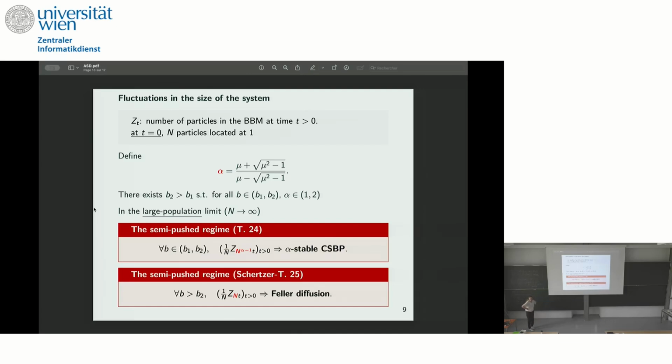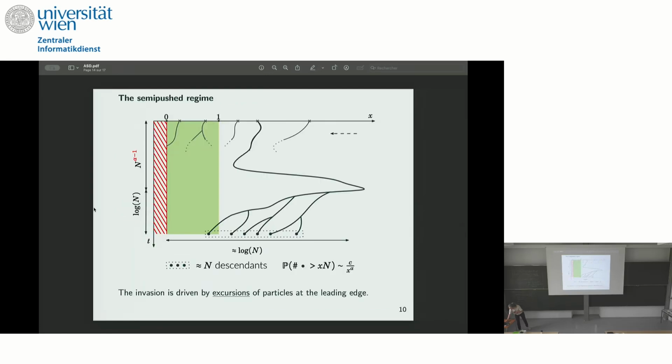So I will now give you an idea of the proofs, because it is quite interesting, as the idea is to identify the particles that generate a fluctuation of order 1 in the scaling limit.